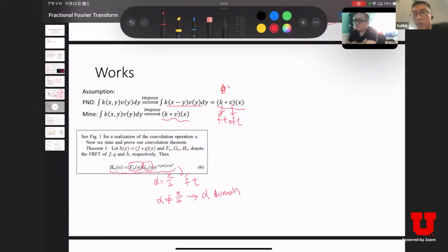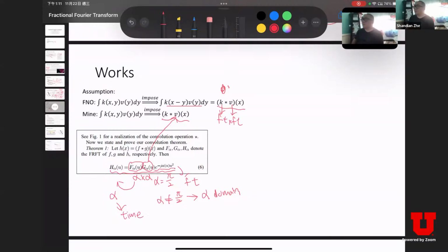The G over here is the kernel function we want to solve. In this theorem, by transforming them to the alpha domain, multiplying them together and multiplying with the transfer function again, they get the result in the alpha domain, and the rest we need to do is just transform them back to the time domain.